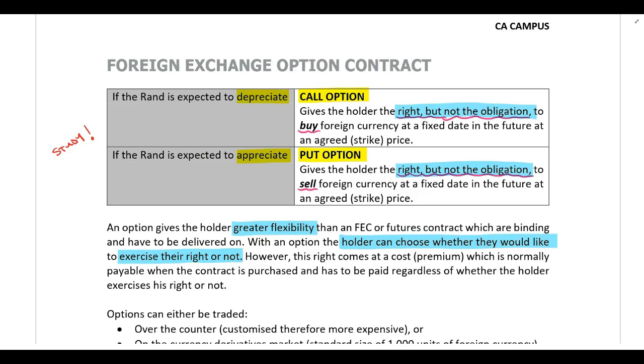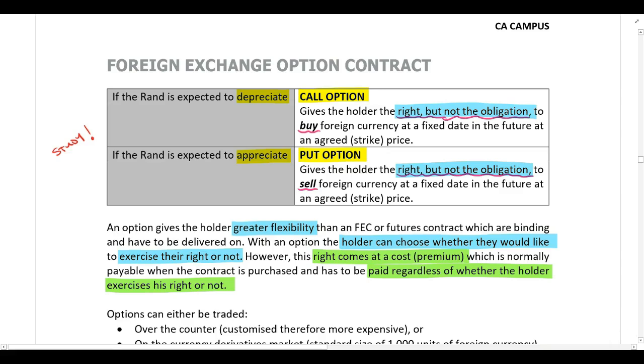However, because you have the benefit of this extra flexibility, you can decide whether you want to exercise the option or not. You are going to pay for the benefit of that flexibility. So you will see this right comes at a cost, and the cost is referred to as a premium. And the premium must be paid regardless of whether the holder exercises their right or not.